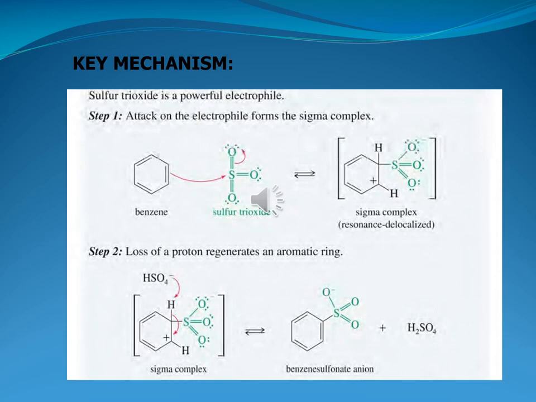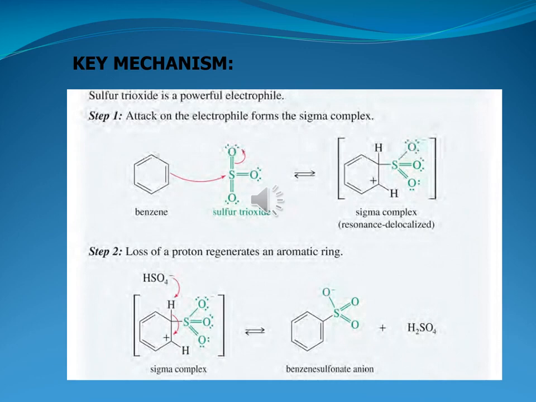As you know, sulfur trioxide is a powerful electrophile. So in the first step, the pi electrons of the benzene molecule, which work as a strong nucleophile, attack the sulfur atom of the sulfur trioxide molecule. Here, the sulfur atom becomes more electron deficient due to the presence of oxygen atoms, because oxygen atoms withdraw electrons from the sulfur atom.